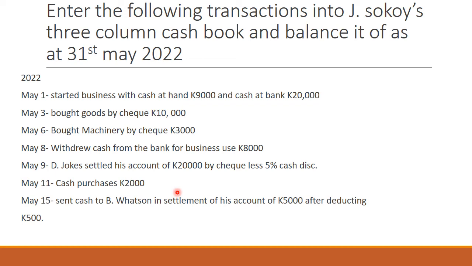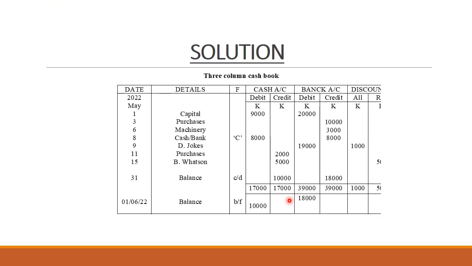When the business is making payments to its suppliers, it receives discounts. So the suppliers are allowing discounts on the payments being made by the business. This is how the three-column cash book is supposed to be prepared.